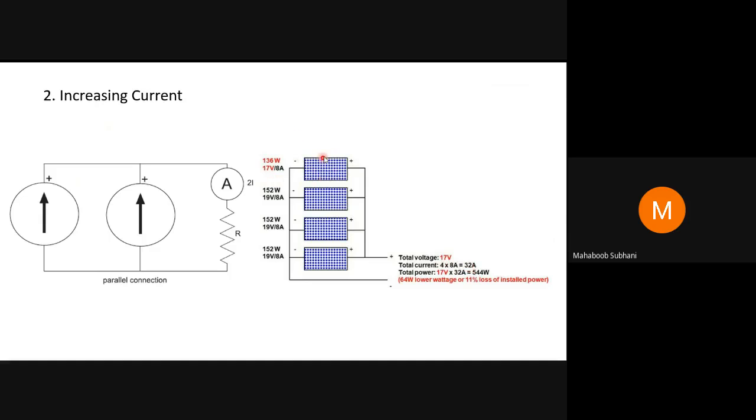If you take a voltmeter and ammeter and measure across a single cell, it would be 17 volts and 8 ampere. This is how we multiply the current in a parallel connection. So if cells are connected in parallel, we are able to increase the current. With this basic, we'll move forward.